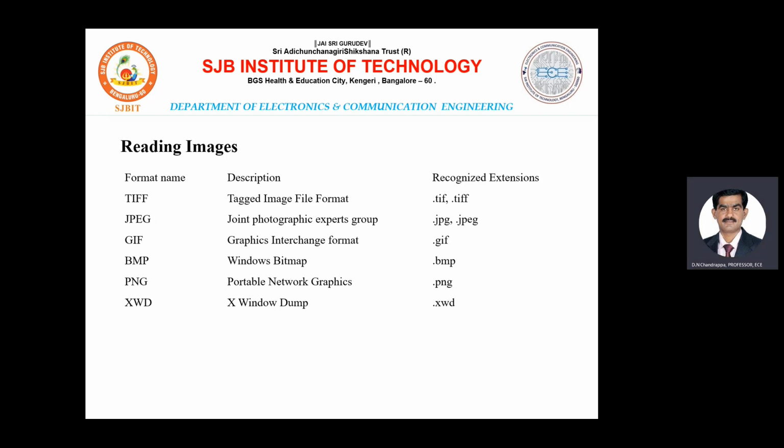The second one: the primary name is left to the user, and the secondary name may be JPG or JPEG, which stands for Joint Photographic Experts Group. The third one is called graphics interchange format, written as .gif files.